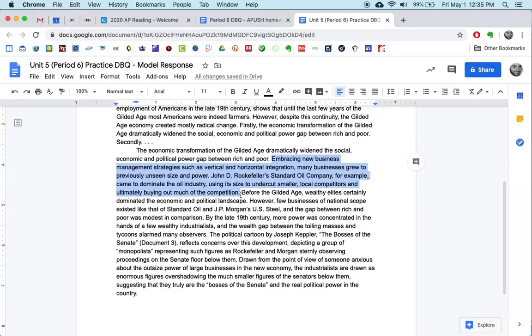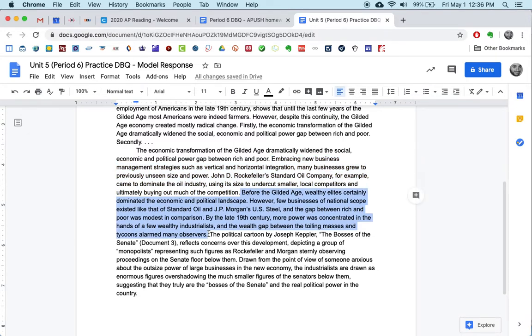And the reason I haven't done that is because I haven't explored the situation before the Gilded Age and explicitly described how that pre-Gilded Age context changed as a result of the Gilded Age. And so that's what I do in the reasoning part.